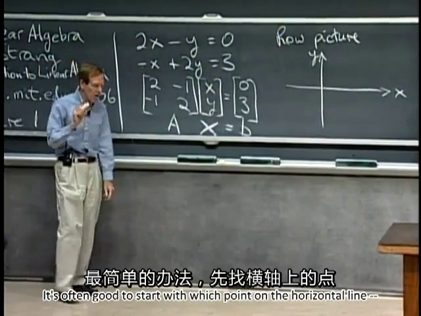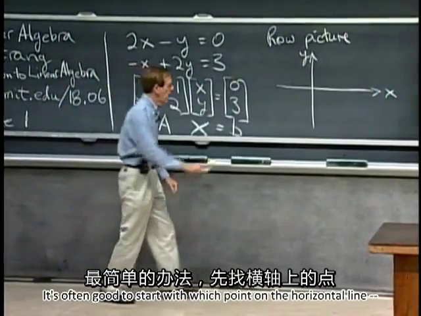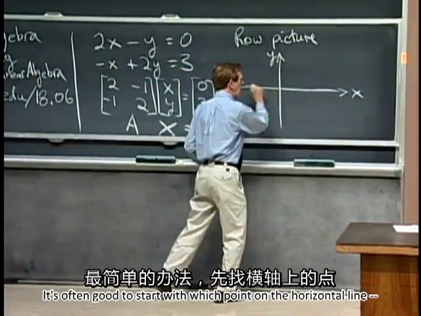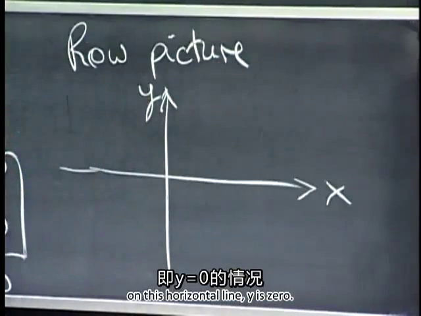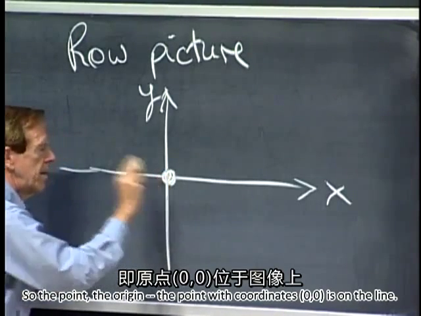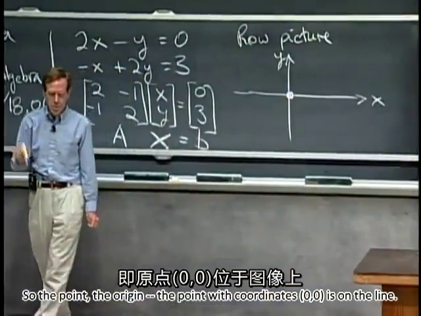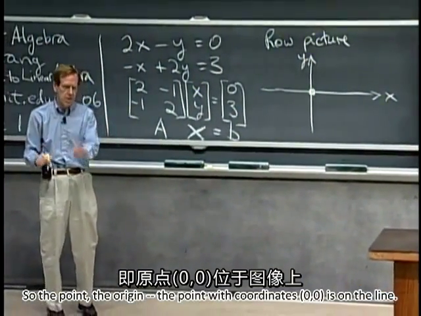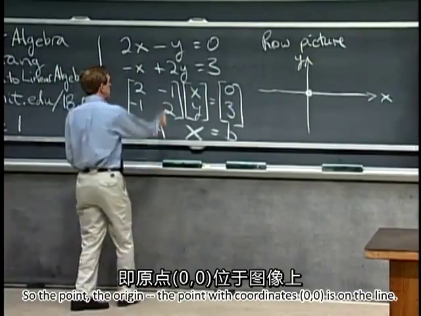It's often good to start with which point on the horizontal line. On this horizontal line, y is 0. The x-axis has y is 0, and in this case, then x is 0. So the origin, the point with coordinates 0, 0, is on the line.